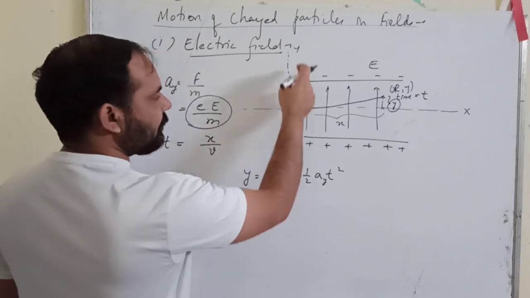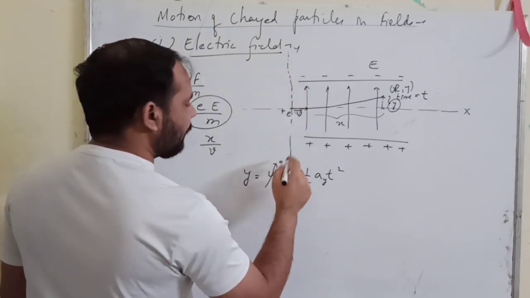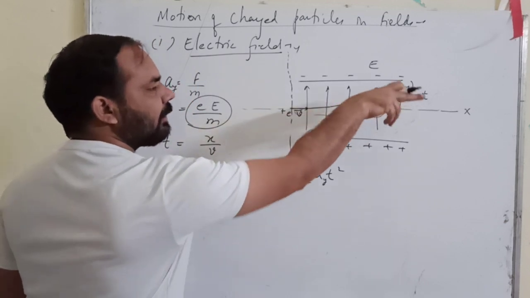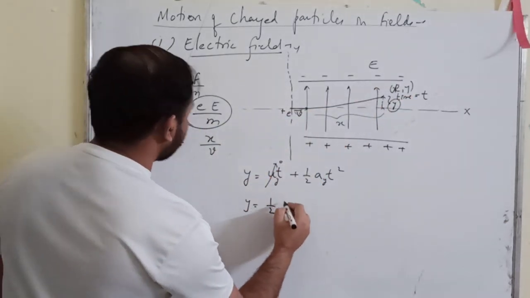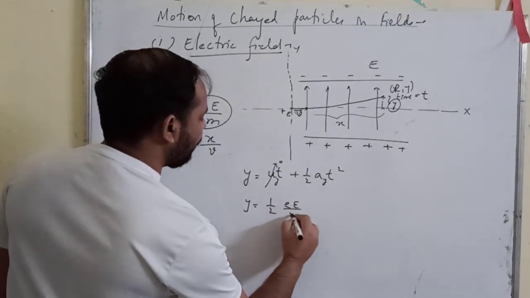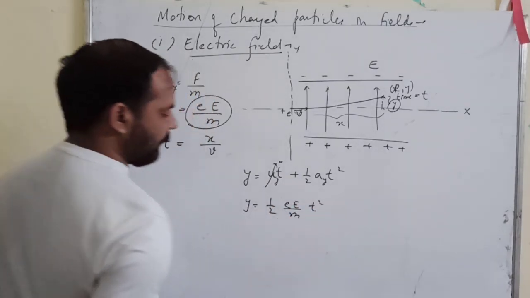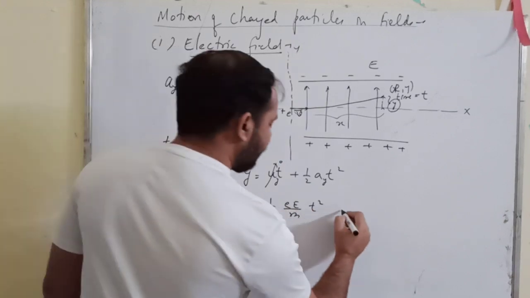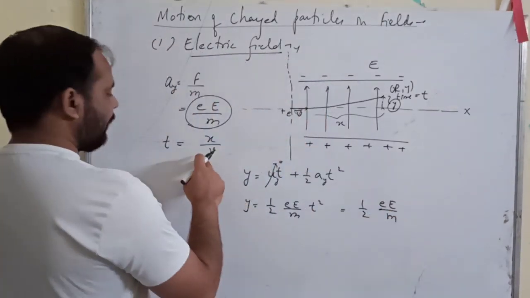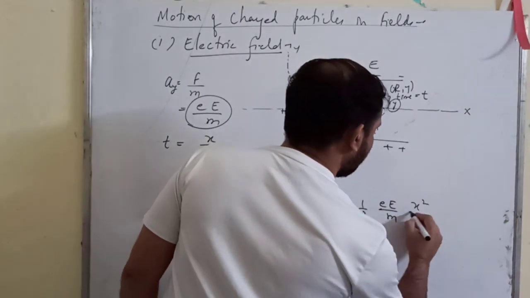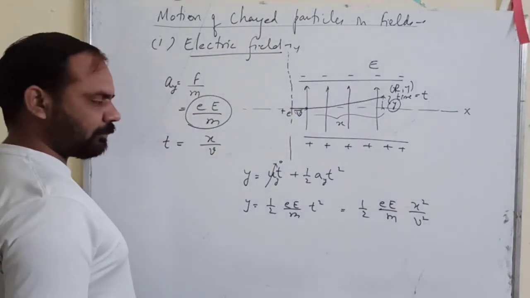Vertically there is no initial velocity, because the charged particle entered along the x-axis. So this was 0. So y is equal to half qE upon m t square. Now t is x upon v, so you can write y equals half qE upon m and x square upon v square.